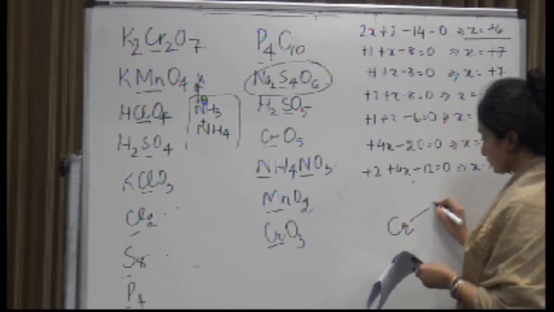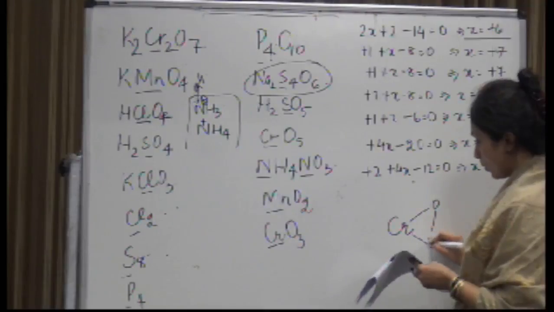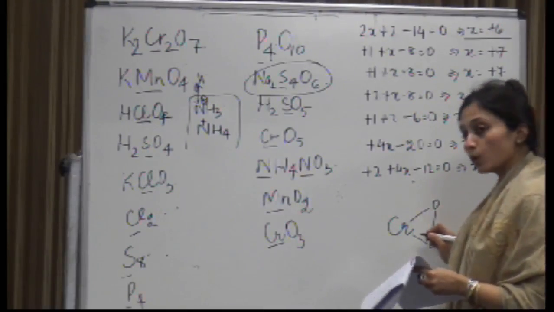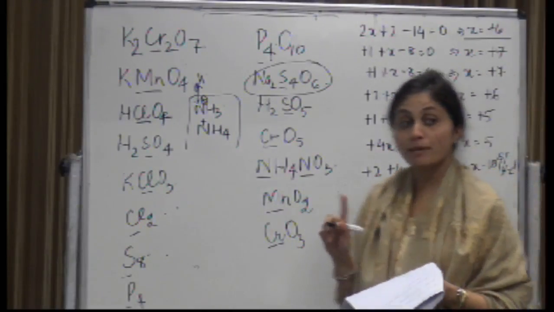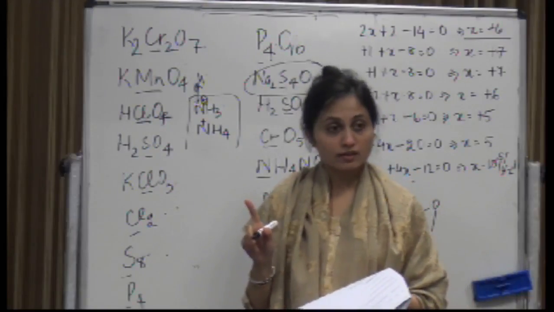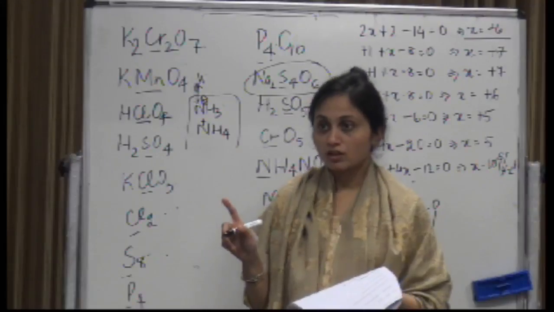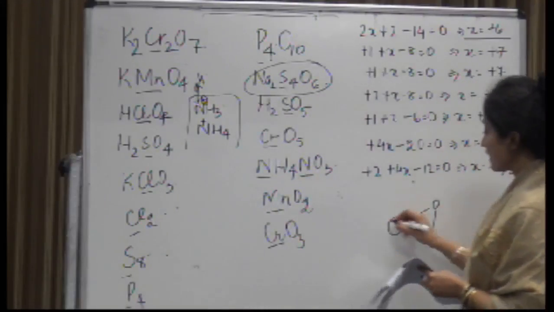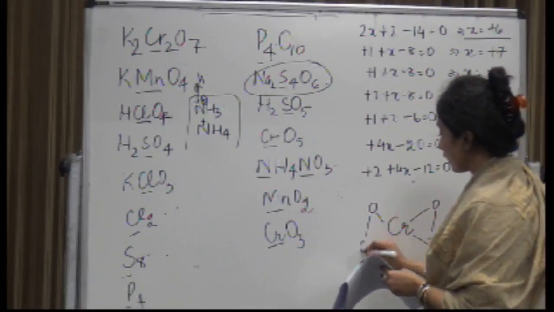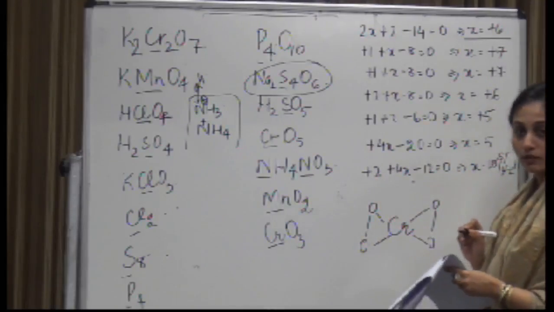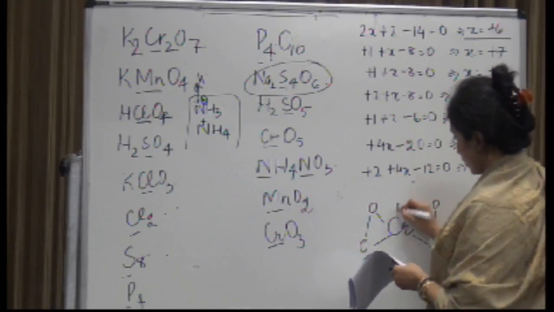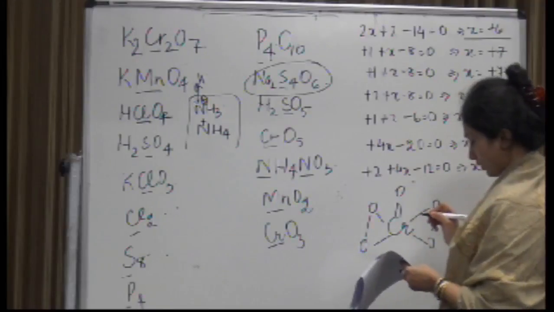Cr, O, O, alright. Remember the O2 linkage in any molecule is your peroxide linkage. Okay, H2O2 is your peroxide linkage. So here we have CrO here, okay, and you have the normal O here.